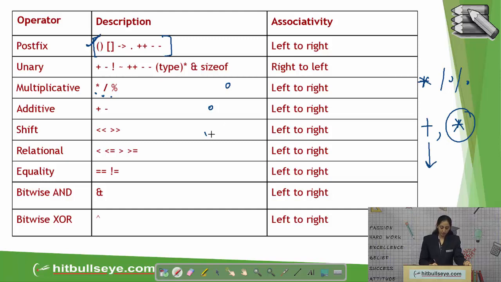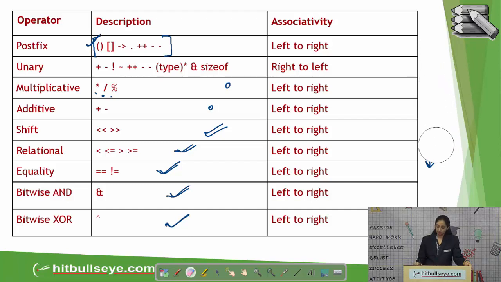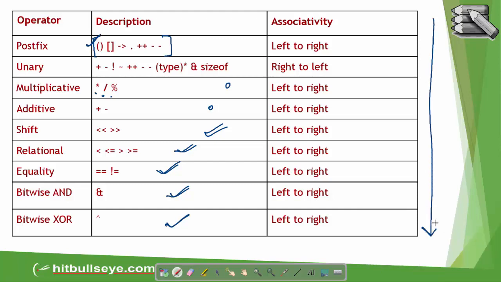Similarly, the shift operator has higher priority as compared to the relational operator, the relational operator has higher priority than the equality operator, and the bitwise XOR has lower priority than the bitwise AND operator. So in this table the priorities decrease.